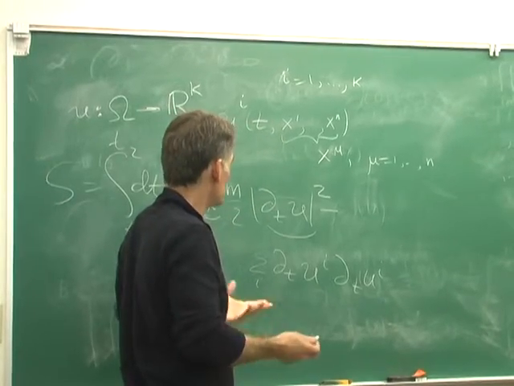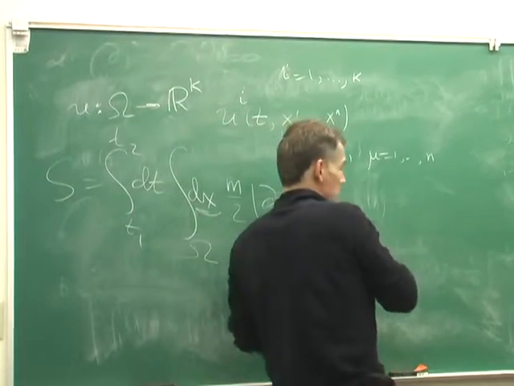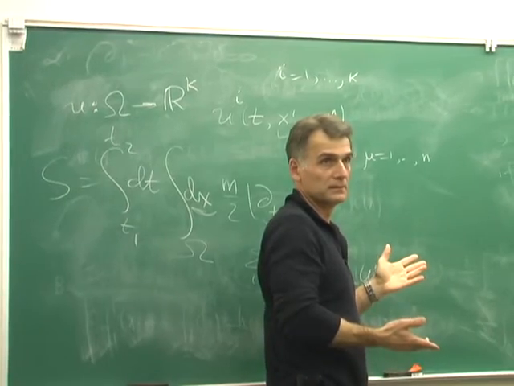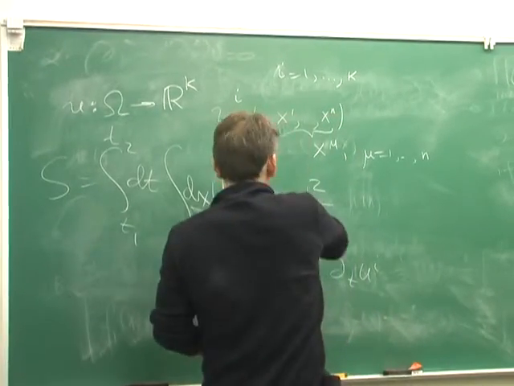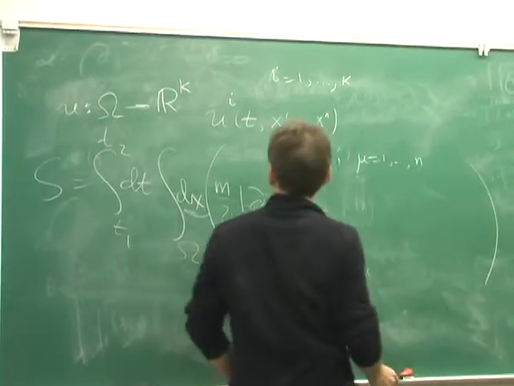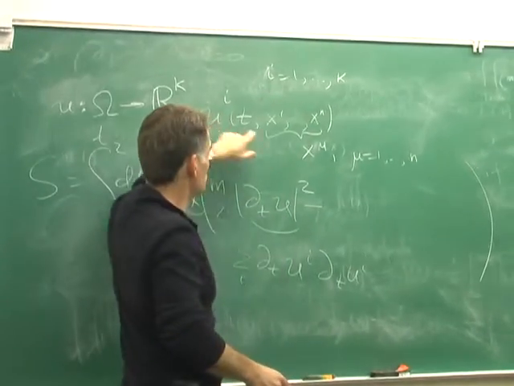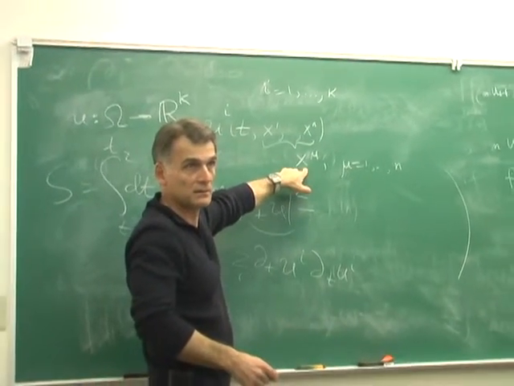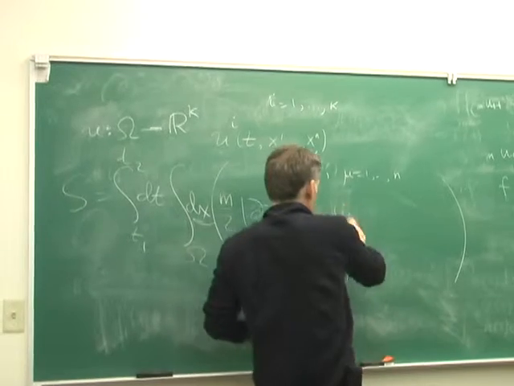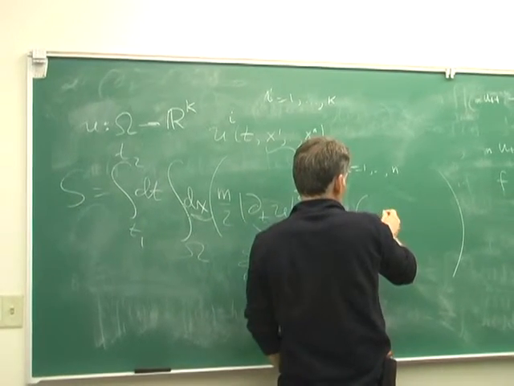And what is the potential energy? Well, it's some function of the gradient. We could still say that it is a function of the gradient, but now the gradient of this function with respect to these coordinates. So it's some function, I'll call it f, that depends on this. What is this guy? This is du^i by dx^mu.